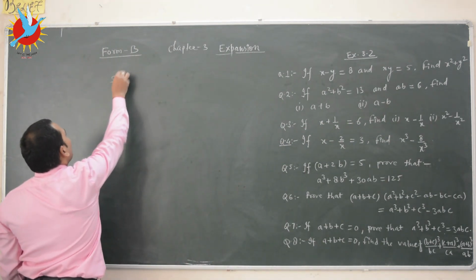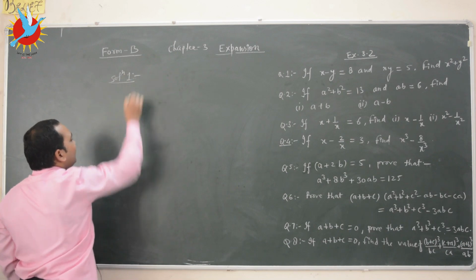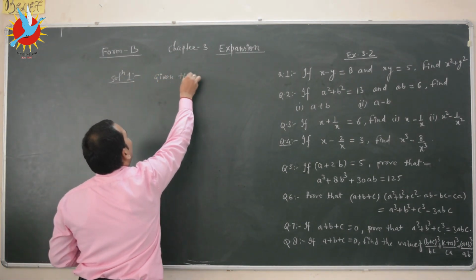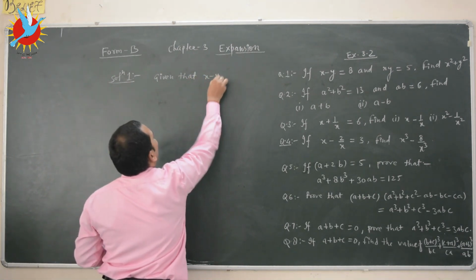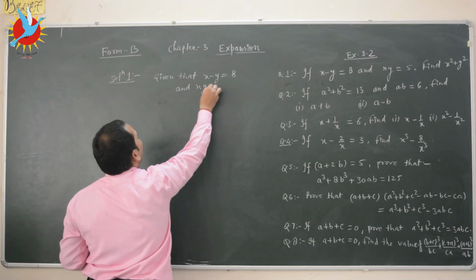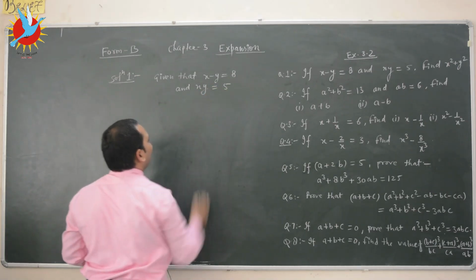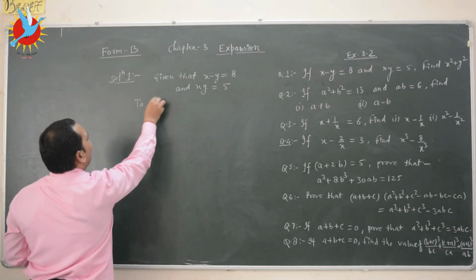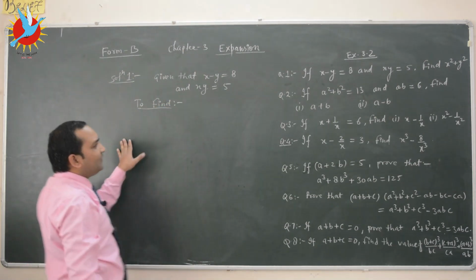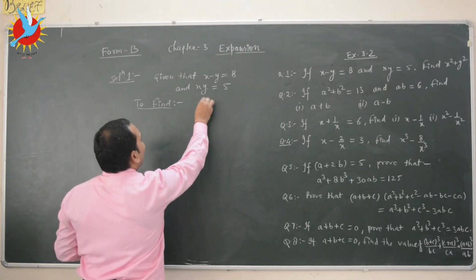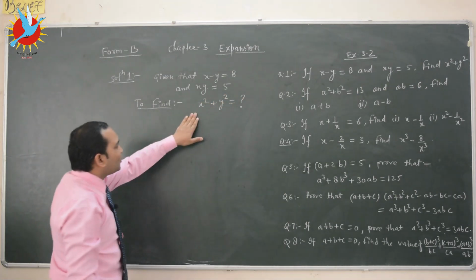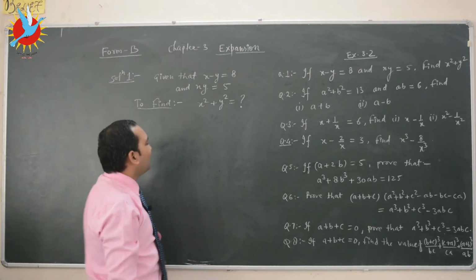So in the solution, first, given that x minus y is equal to 8 and xy is equal to 5, we have to find the value of x square plus y square.